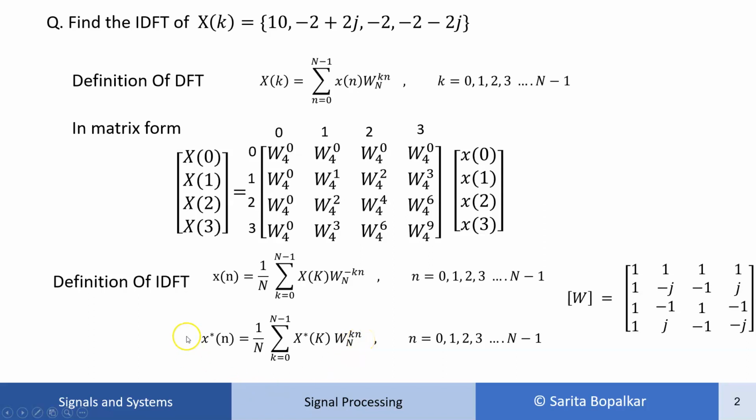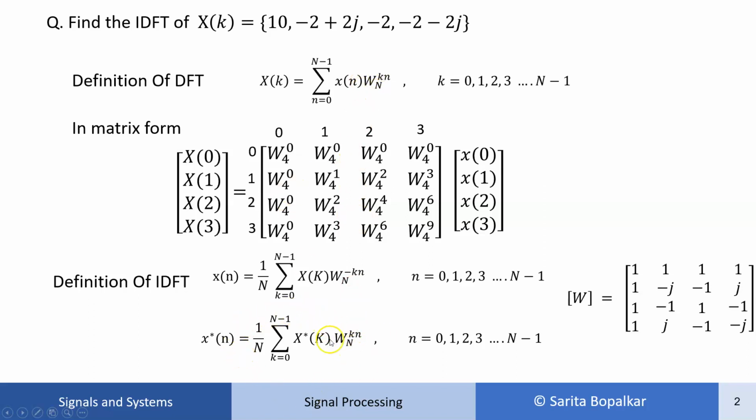Now you can compare this with the DFT definition. Capital X(k) is replaced with X*(k), and k is replaced with n, with 1/N summation k from 0 to N-1. Here it is small x(n) and here it is X*(k), and the twiddle factor matrix is the same, W_N^{kn}.